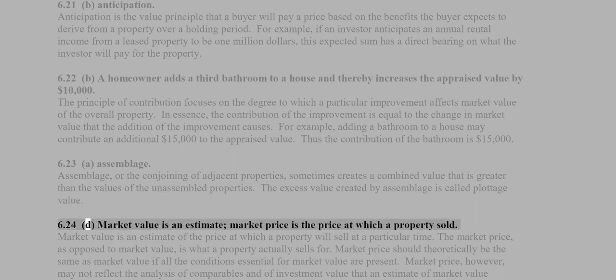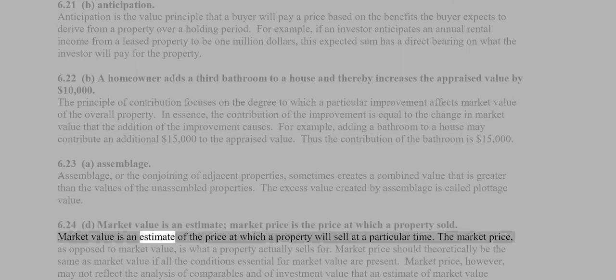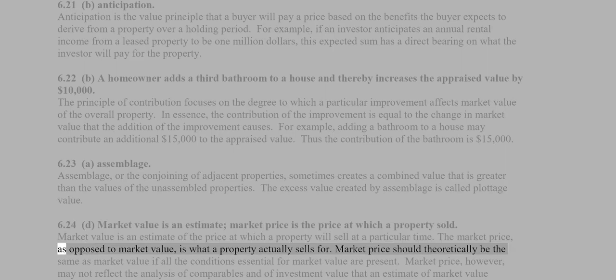6.24 D. Market value is an estimate. Market price is the price at which a property sold. Market value is an estimate of the price at which a property will sell at a particular time. The market price, as opposed to market value, is what a property actually sells for.